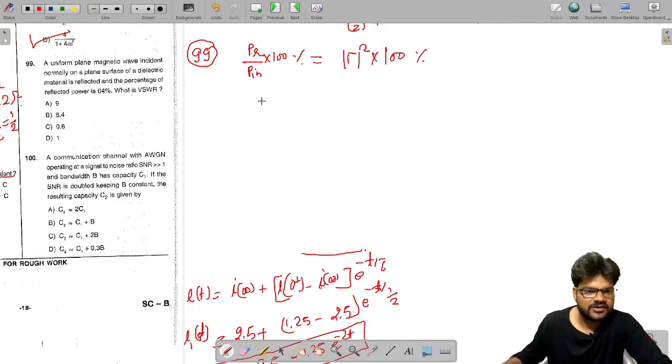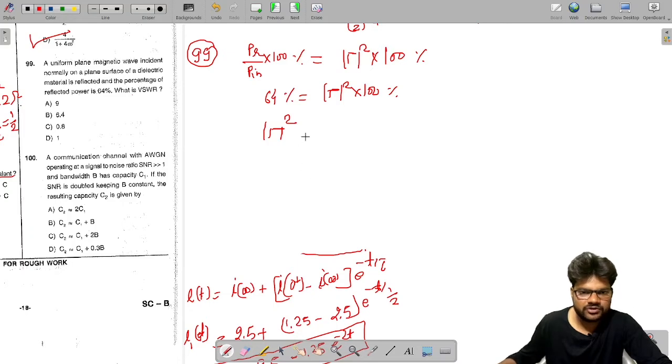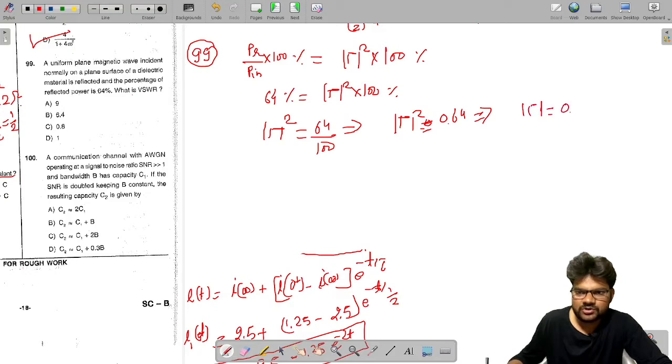So this much we are given is 64% equals to mod of reflection coefficient square into 100. So mod of reflection coefficient whole square, you will get 64 by 100, so it is 0.64, and you can find out mod of reflection coefficient is 0.8.